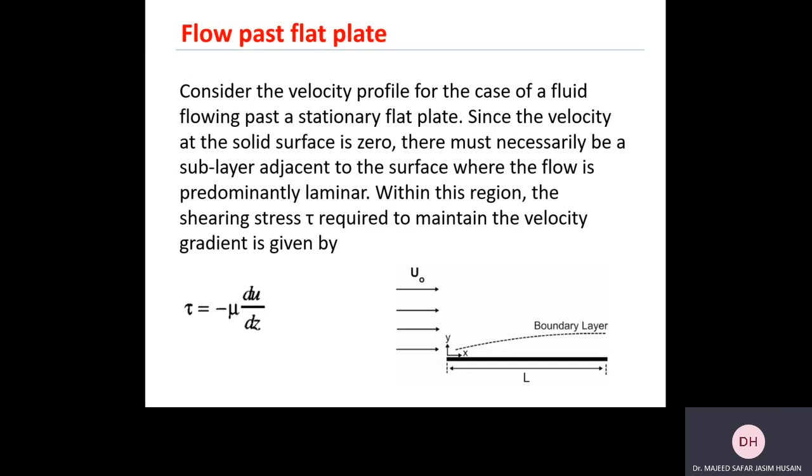Then, when you remove the proportionality and put the equal sign, you put in a constant. That constant, we called it viscosity. So shear stress is equal to minus viscosity multiplied by the velocity gradient. That equation is already known to you.